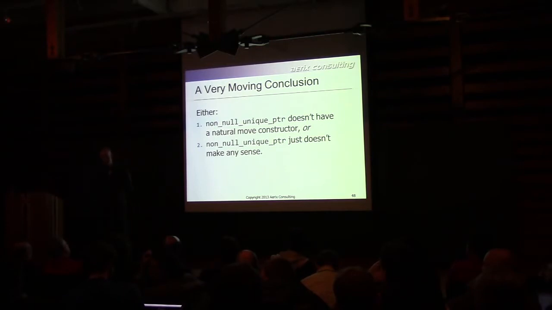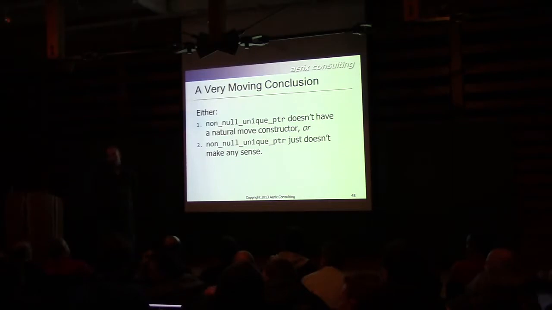When I say implement, I mean when you look at the move constructor, a moved object needs to be in a valid but destructible state. And with this, if you set the internal implementation to null, it becomes an invalid state. Yes. So that means we cannot reuse null to represent the state of a non-null unique pointer.